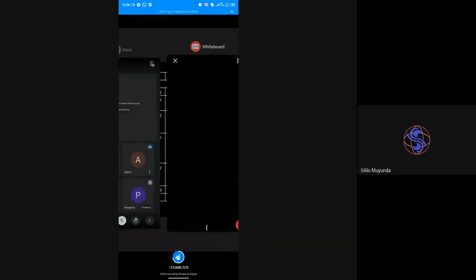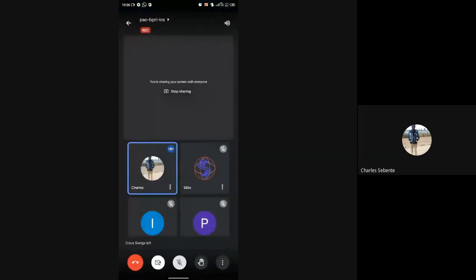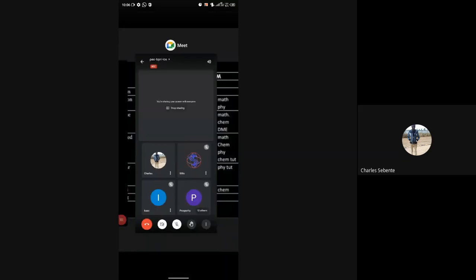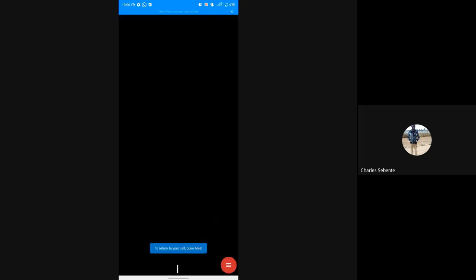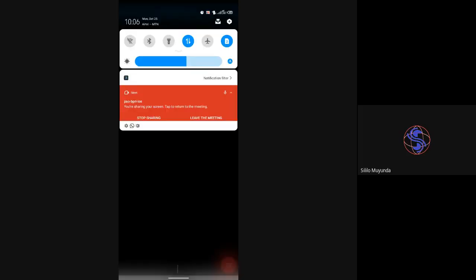Darlington, are you there? Able to rotate your screen? You can just turn on the auto rotate from the tray up there. Exactly.